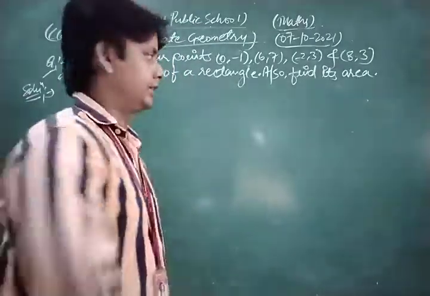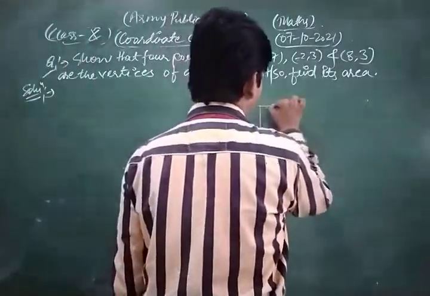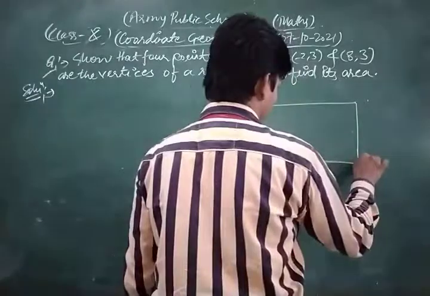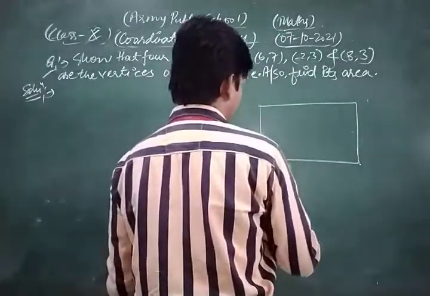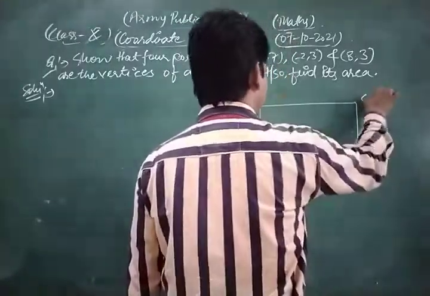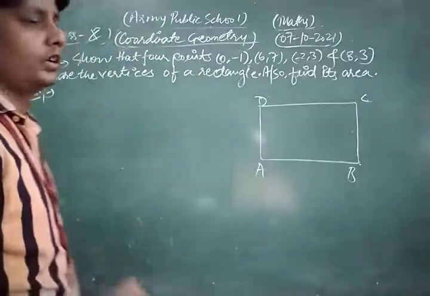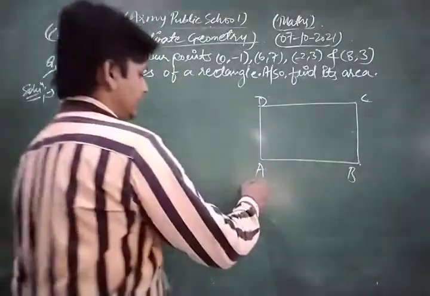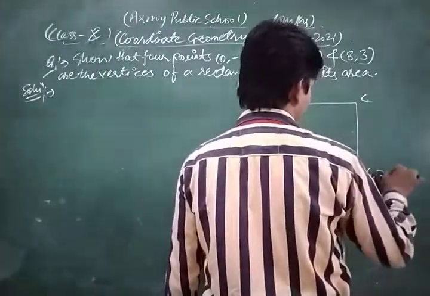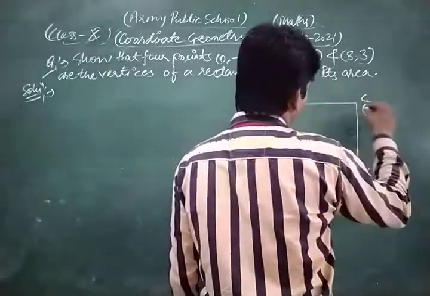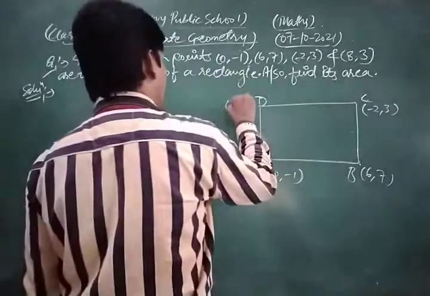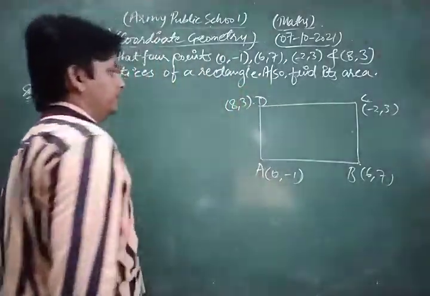So first of all we draw a rectangle. Look, now look here, ABCD is a rectangle, okay, and the coordinates of A are taken as what? 0 comma minus 1, this is 6 comma 7, this is minus 2 comma 3 and this is 8 comma 3.